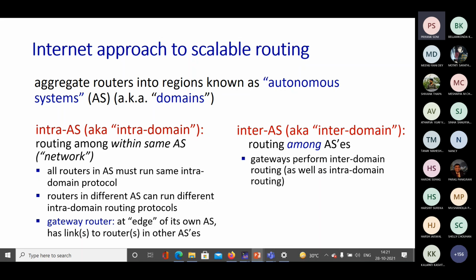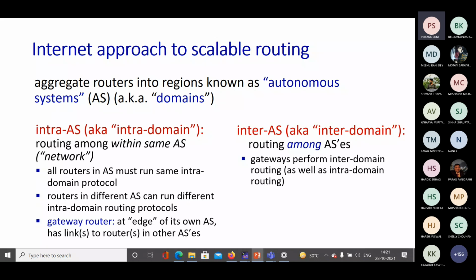Now, if there has to be a communication between a given router in an AS and another router in another AS, the routers which act as the gateway or a bridge between one AS and another AS are edge routers, and they are called gateway routers. They act as a link between one AS and another AS.